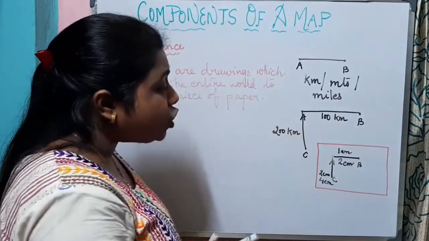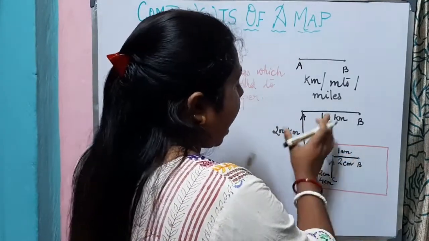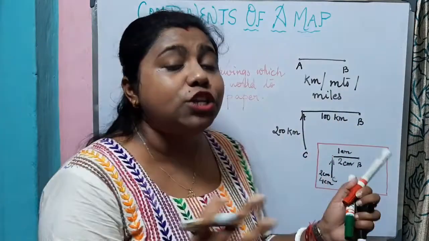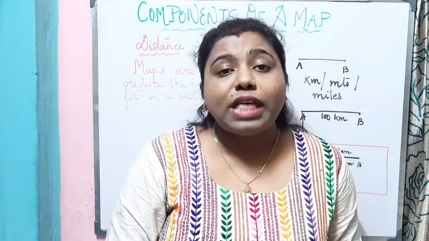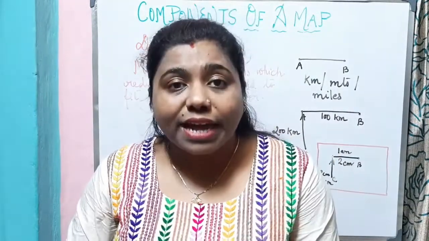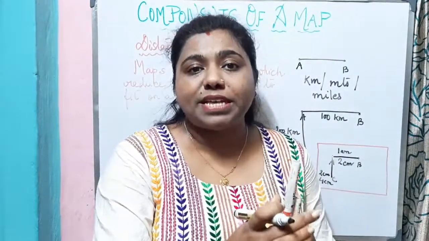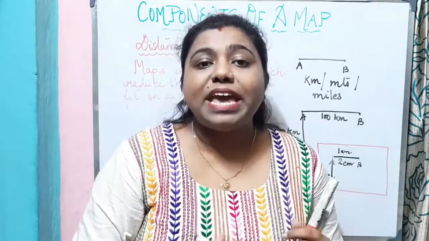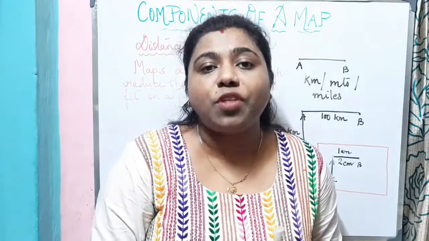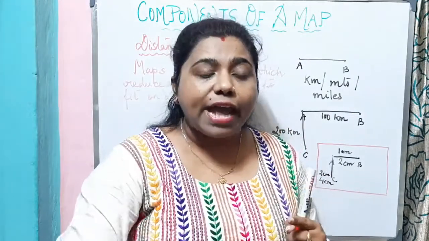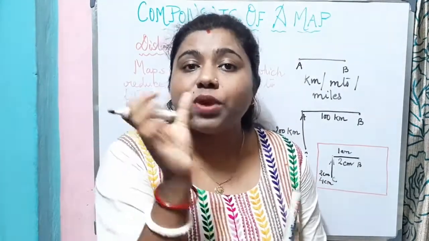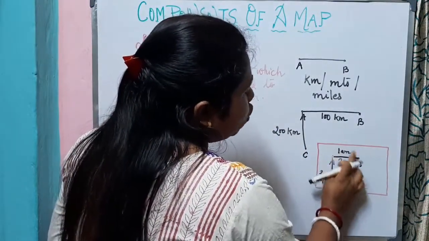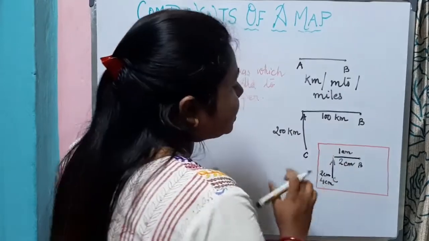That means I need to maintain the ratio, whatever the distance may be, 100, 200, 300, so that we can easily calculate the distance between any two places, from A to B or B to C, on the map. The real distance can be identified with the help of this gap that is shown as 1 centimeter or 2 centimeters.